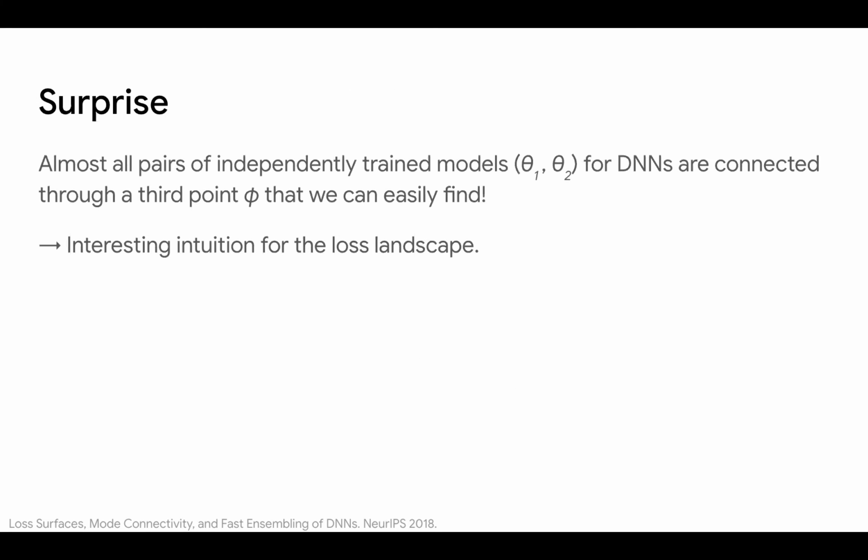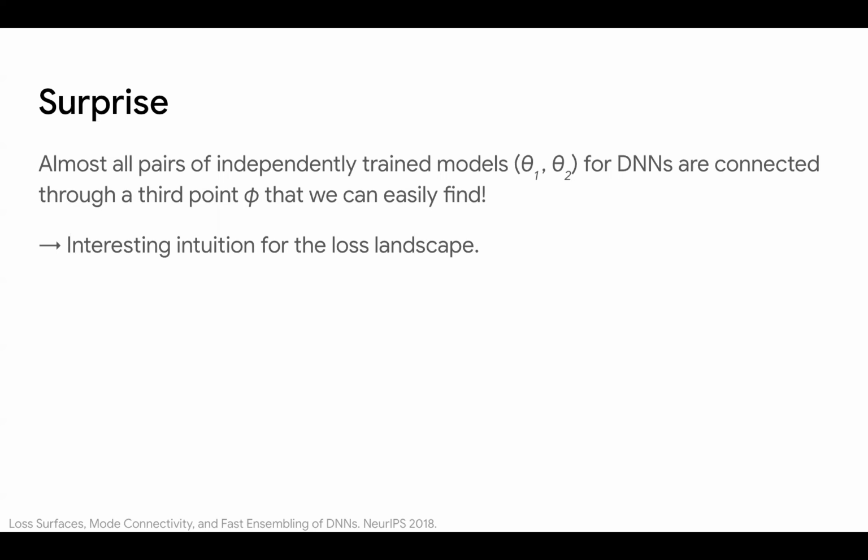And here the central point of this paper is that you should be surprised because whenever I choose arbitrary 2 points that are solutions in the parameter space, it is almost always possible to find the third point, which is parameterizing a solution curve that's connecting these two solutions.